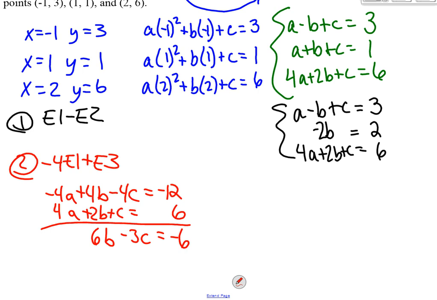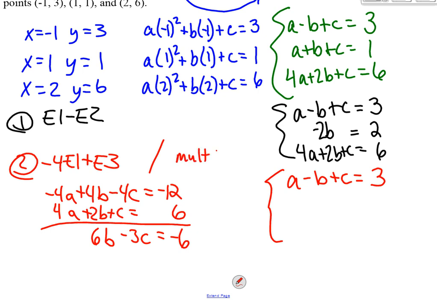So now I'm pretty close for some of these to be in row echelon form. So I'm going to just rewrite the first equation, a minus b plus c equals 3. Can I do something with this next one right away? Do you notice anything about the middle one? Yeah, and then I'm just going to add that to this step.